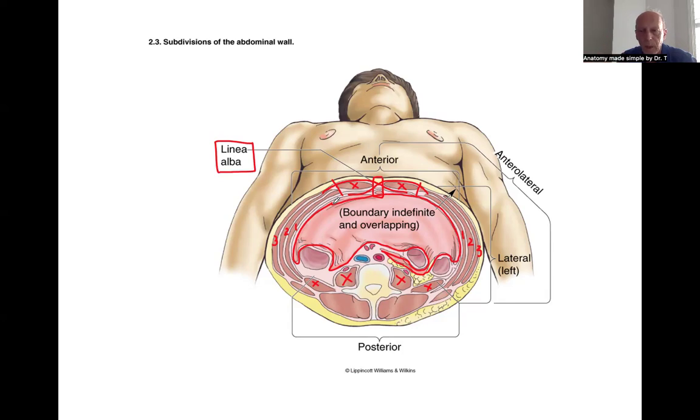The abdomen is going to have the same concept, parietal and visceral peritoneum, whereas multiple organs that reside inside the abdominal cavity will have some of their surface or the majority of their surface covered with peritoneum, the visceral one.